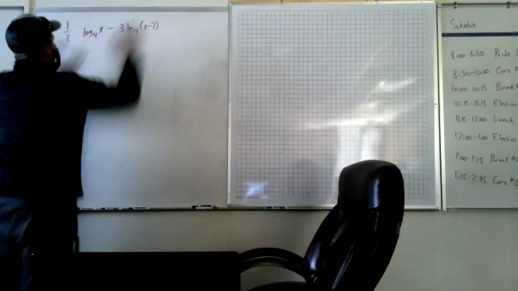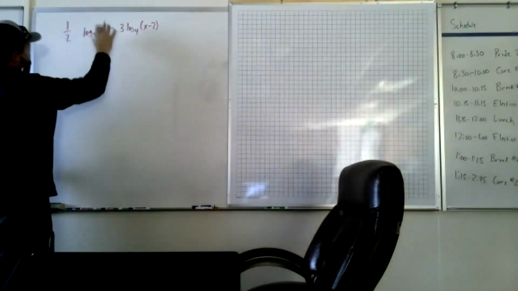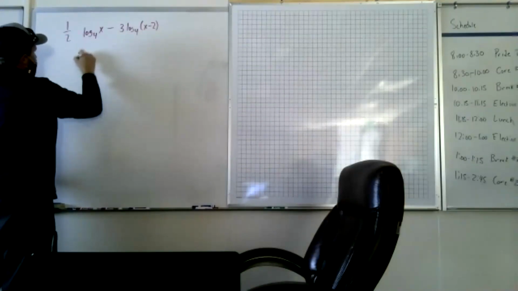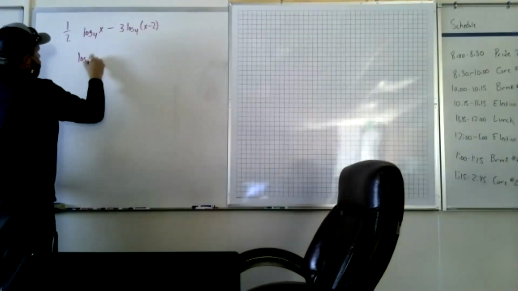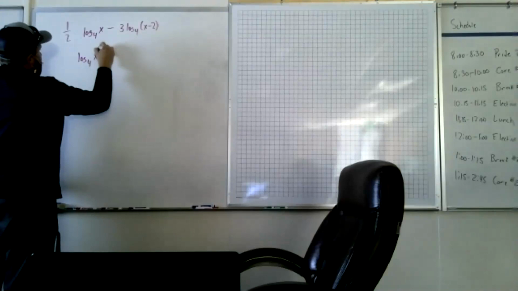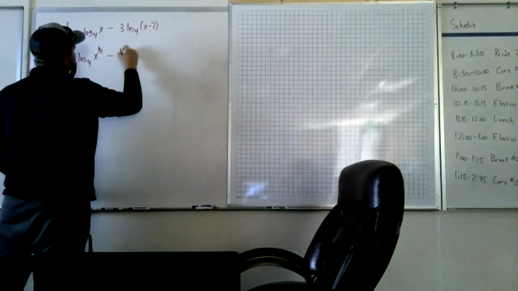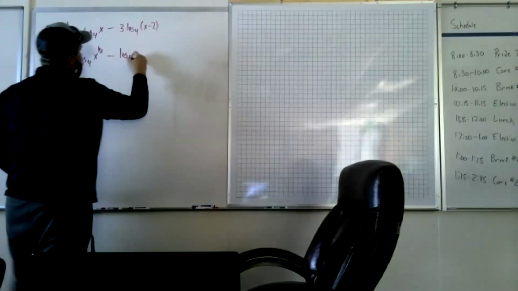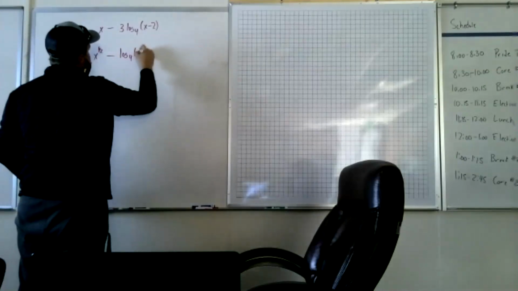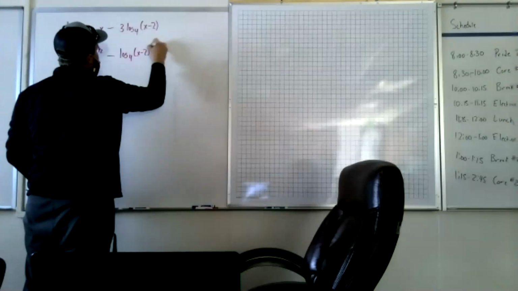Now they're going to be back inside the logarithm. So after I do that, I'm going to have the log base 4 of x to the 1/2, which is really the square root, minus log base 4 of (x minus 2) cubed.